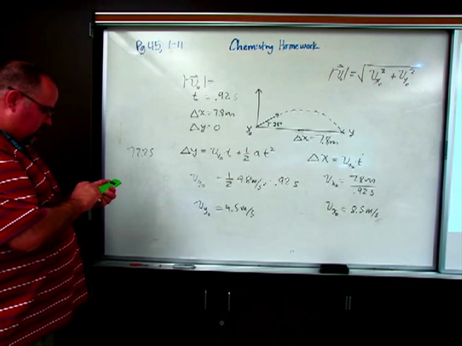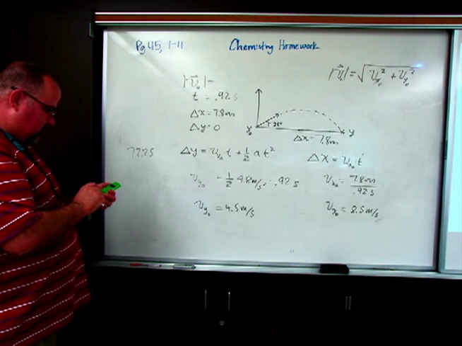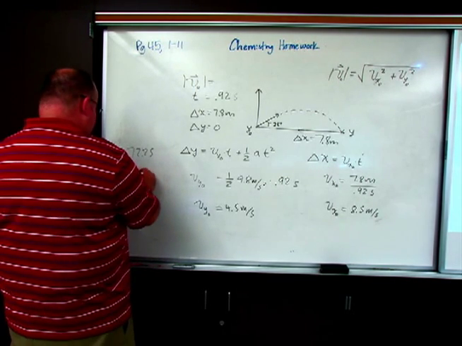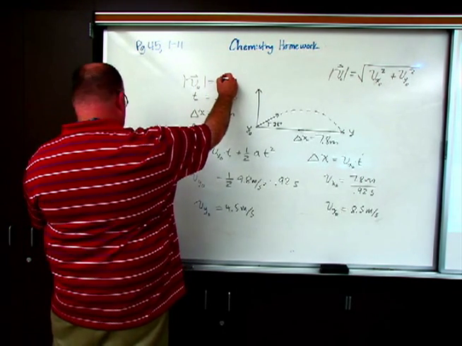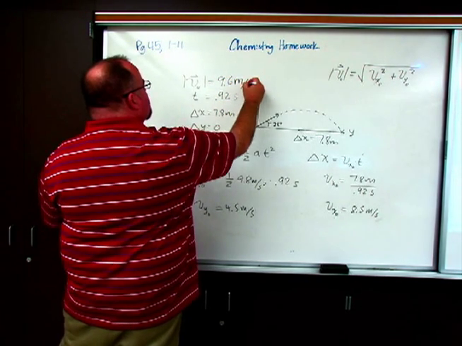Plus 72.25 equals 92.5, and take the square root. The total magnitude, the answer right here, is 9.6 meters per second.